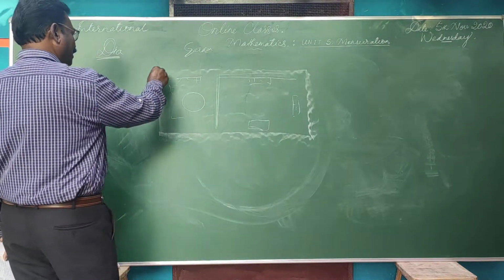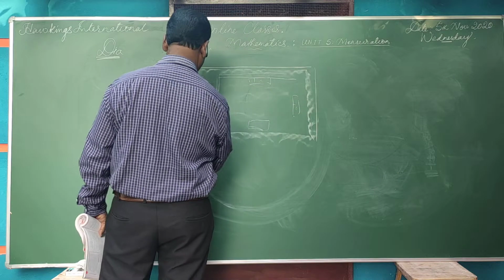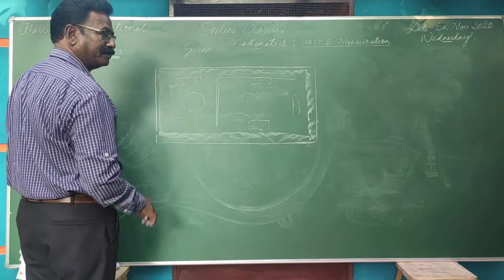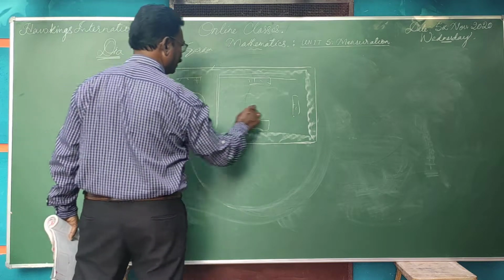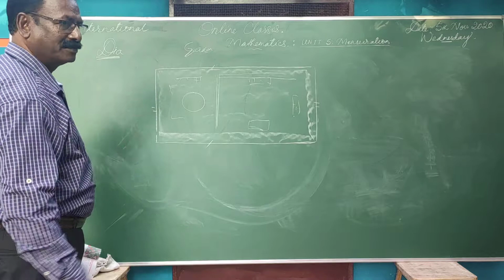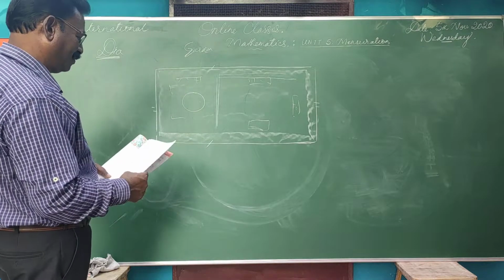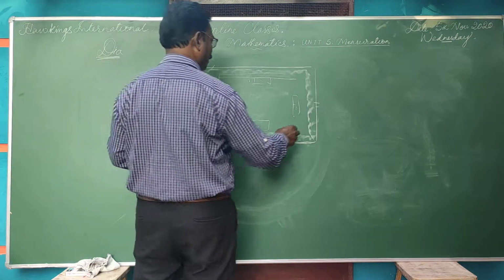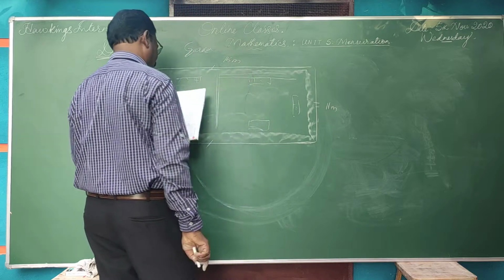What is a rectangular garden? This is the rectangle. This side and this side are equal, and this side and this side are equal. So this is a rectangular garden. What is the data? The measurement of the garden. So she has one side 11 meters, the other side 15 meters.